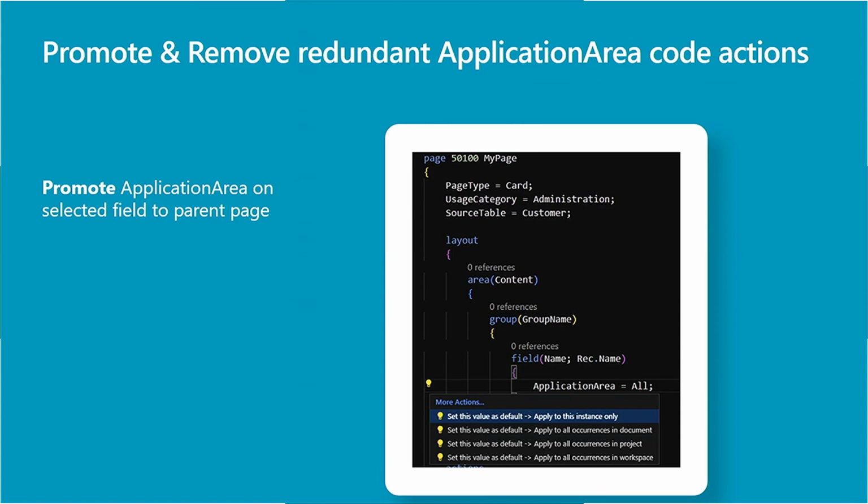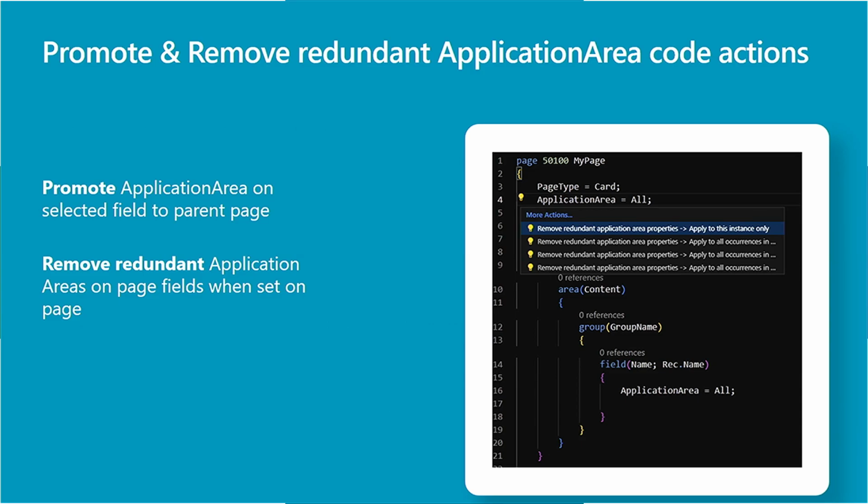Of course, we made a function for you to remove those redundant application areas. And we made another one to promote, the other way around, okay? To promote those. And again, you can do it on a workspace, on a project, and on the specific instance or document. Okay, more to come.